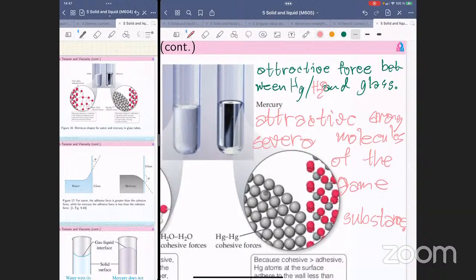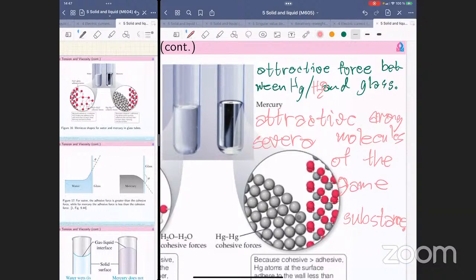So the mercury molecules are attached to their group, to their colleagues, to their neighbors, okay, quite well. So there is no strong force to bring them to be close to the glass. So that's why we have this shape for the molecule inside the capillary.